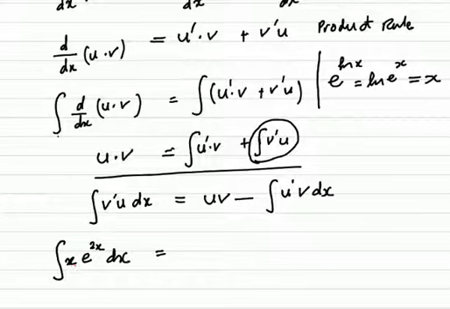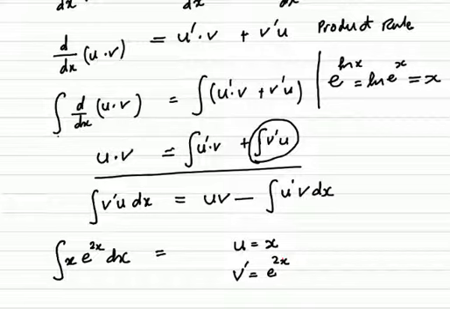So what I recommend is that the function which can be differentiated infinite times without getting to 0, make it your v prime. So in this case, we're going to say our u is equal to x, and our v prime is equal to e to the power of 2x.